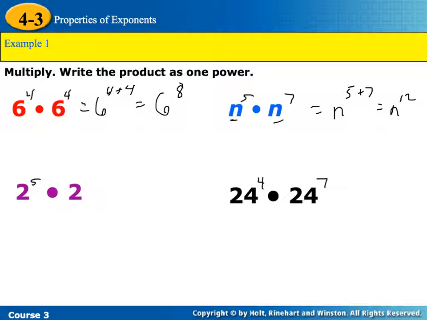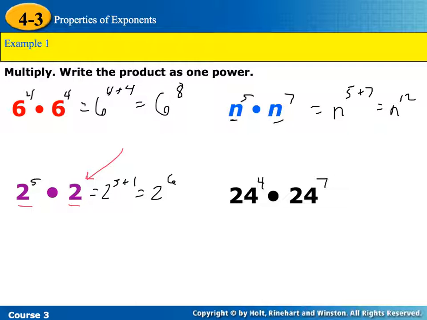Can I combine these next two? I have 2 to the 5th times 2. Yes, I can. Why can I combine them? Same base. Now, what is the exponent on this 2? 1. Yes, it is 1. So I need to take 2 to the 5th plus 1, which is 2 to the 6th.